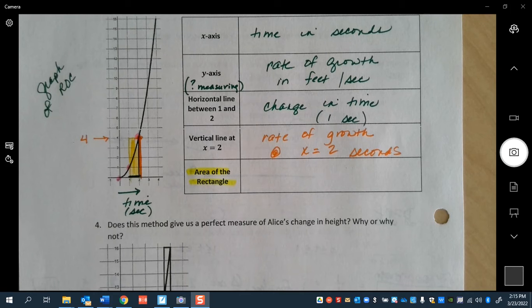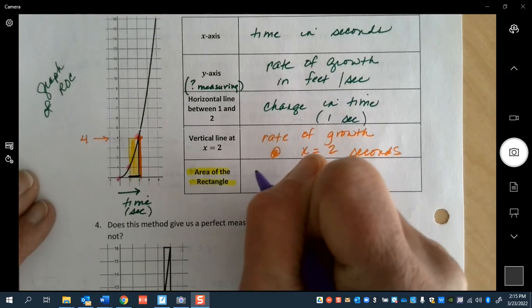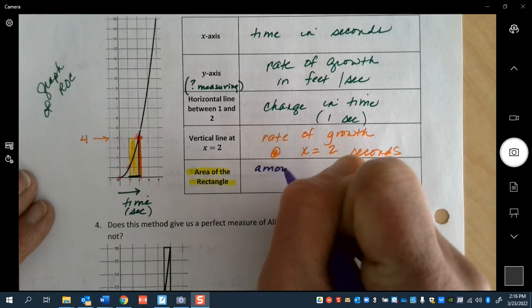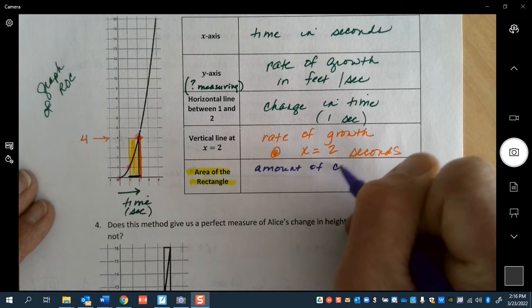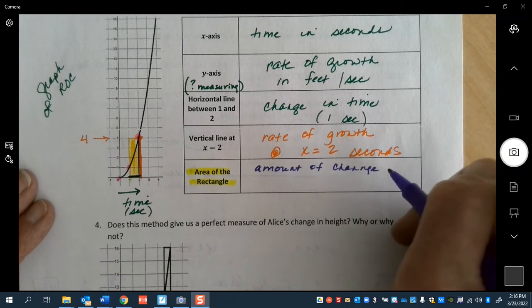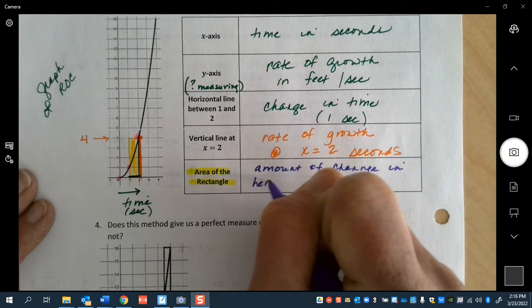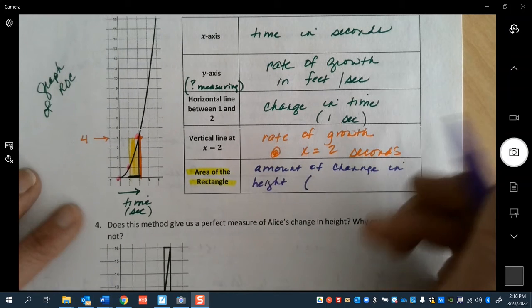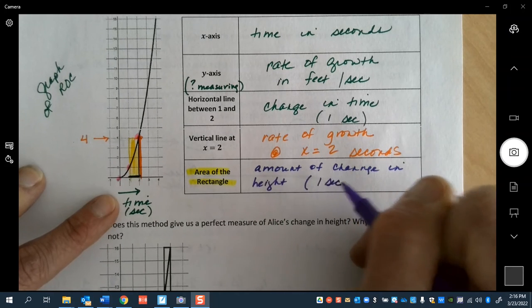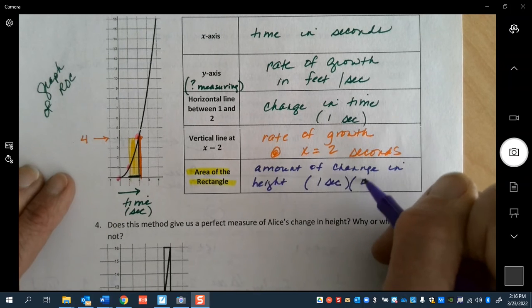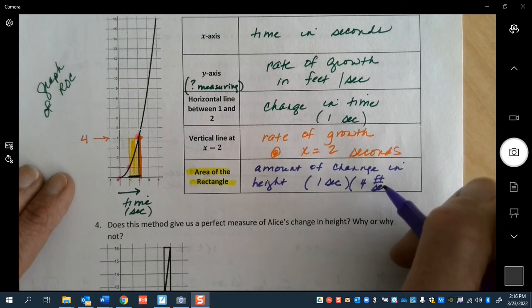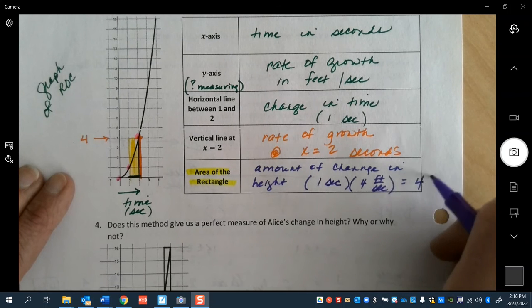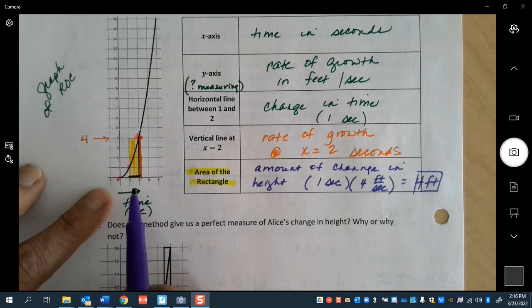She changed 4 feet. And the interesting thing is when we look at that, that's the amount of change in her height. So if you look at it, it's 1 second times 4 feet per second, and that's how you get 4 feet. That is how much she changed in that 1 second.